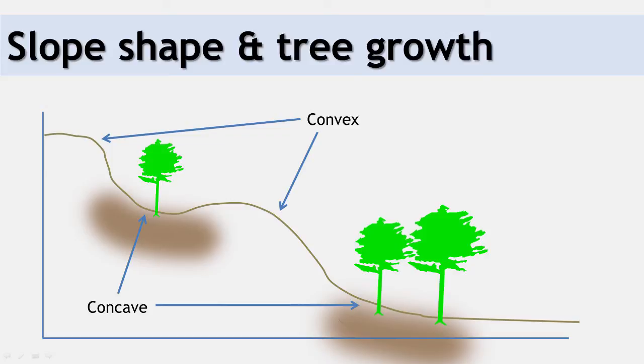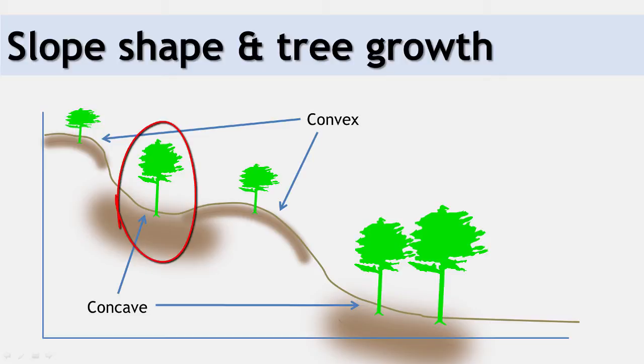Convex-shaped slopes, on the other hand, tend to be droughtier sites with higher rates of soil erosion and water and nutrient loss. Therefore, trees growing on convex-shaped slopes tend to grow shorter. So, even though a tree is positioned higher upslope, if it's growing in deeper soil found in a concave-shaped slope, it may have the ability to grow taller than a tree on a convex-shaped slope further downhill.